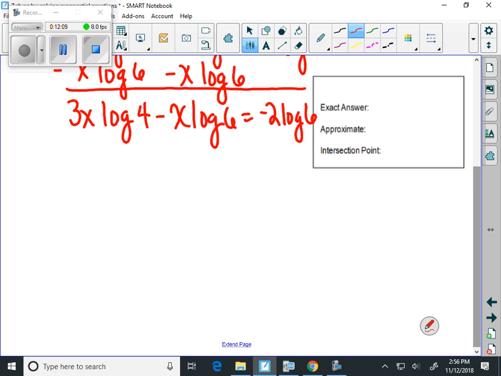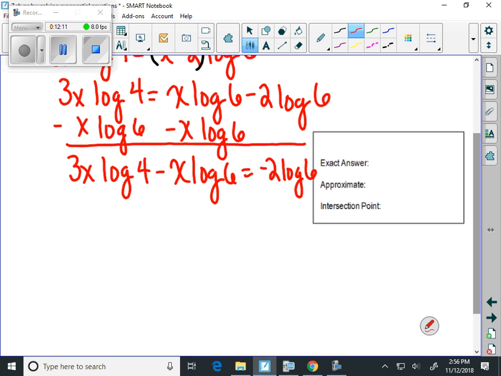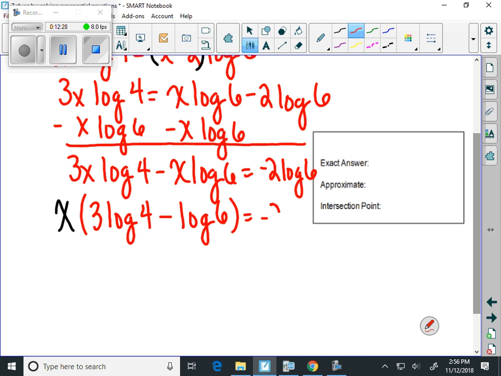And then we need to isolate the x. The way that we isolate x is we're going to factor out the x. Factor out the x, we're left with 3 log 4 minus log of 6 in our parentheses, and that still equals negative 2 log 6.